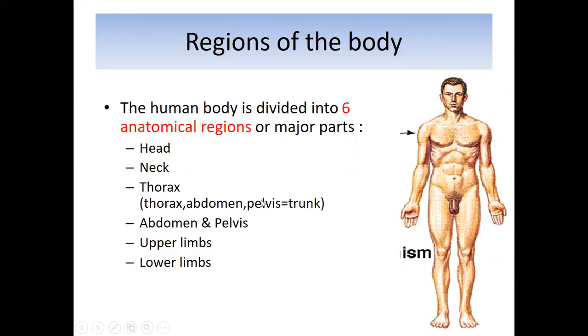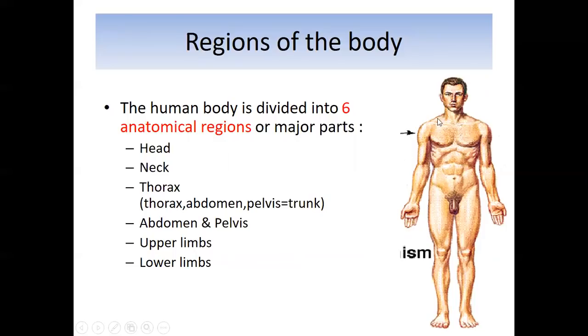The trunk comprises the pelvis, abdomen, and also the thorax. So this is the definition of the trunk. It comprises the 3 components: the thorax, abdomen, and the pelvis. But the thorax itself is an individual region that we have in the body, and then we have the abdomen and also the pelvis, each an individual region. Whenever you combine all of them together, it is considered one trunk.